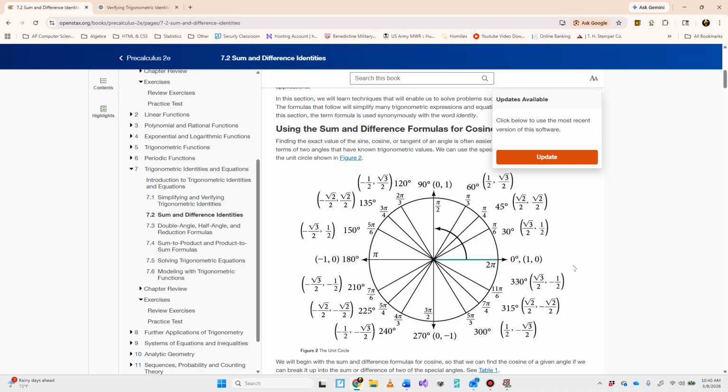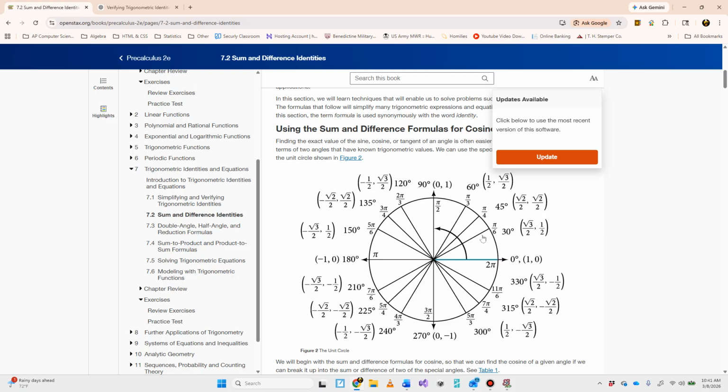You have to know what it means to be square root of 3 over 2, 1/2 when it comes to being at this point in the unit circle. You have to know what that means. You have to know what it means that you are square root of 2 over 2 and square root of 2 over 2 at this point in the unit circle. What it means is that at this point in my unit circle, this whole circle is 1 unit away.